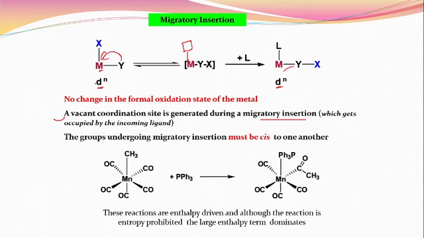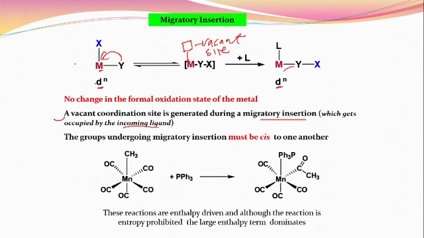Whenever the migratory insertion of this Y group takes place, or X is inserted, there is a formation of this vacant site. Then this vacant site is occupied by the incoming L ligand.